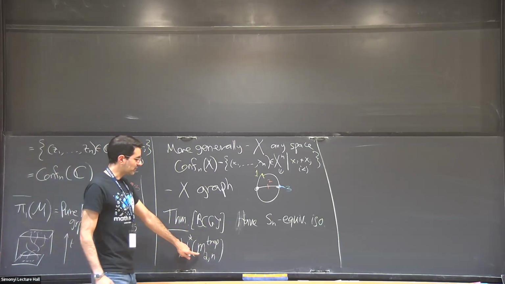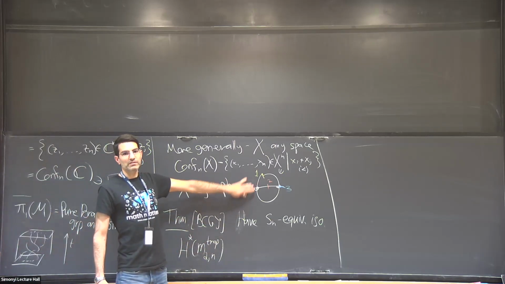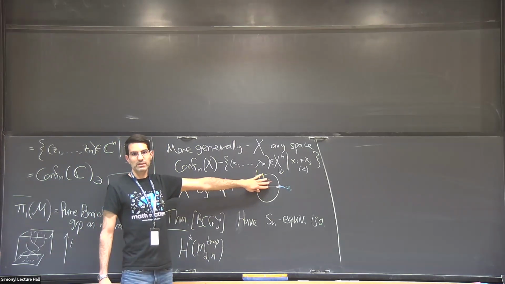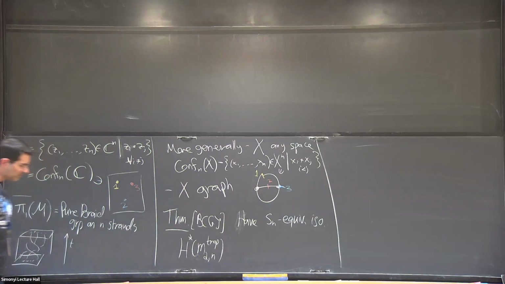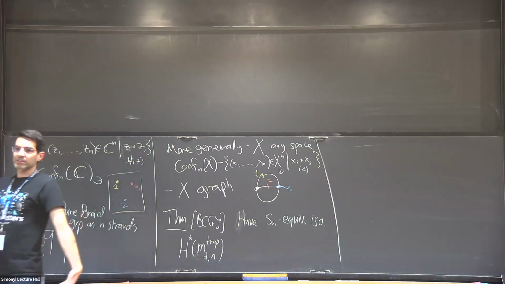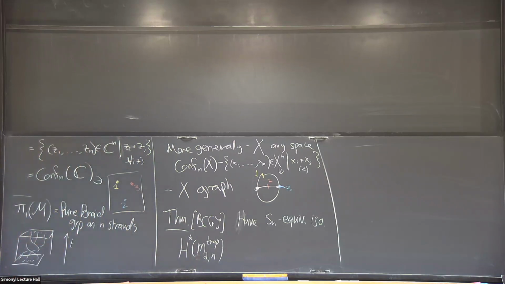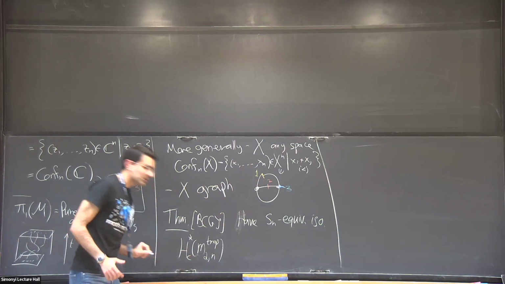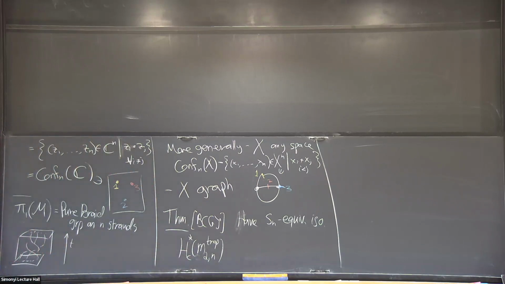So tropical curves of genus 2, you can think of as metric graphs that have Betti number 2, and they have n marked points on them. So this space is actually topologically a cone, and as a cone, it's contractible, so it has no interesting homotopy type.